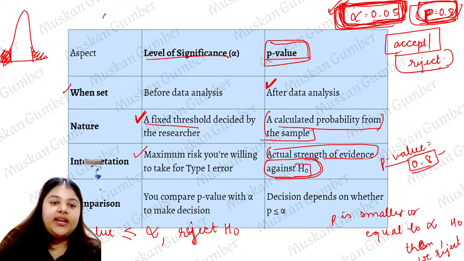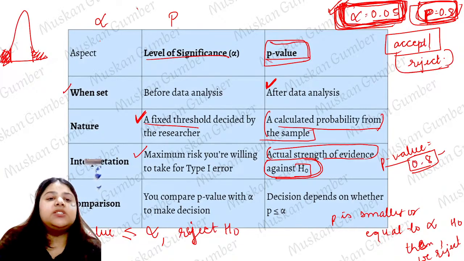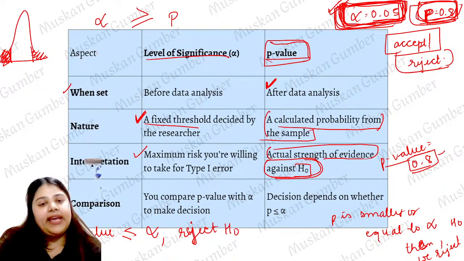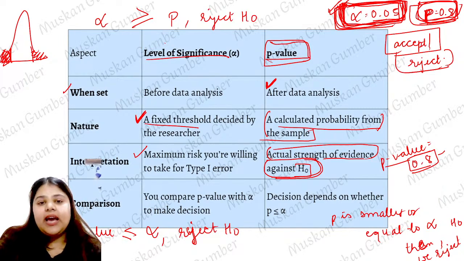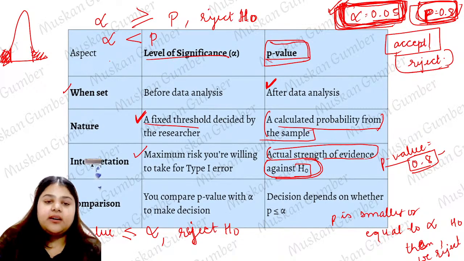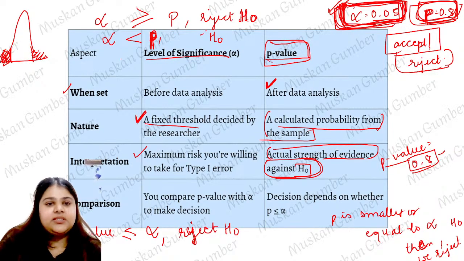When we compare this alpha value with the p-value. If the p-value is smaller than or equal to my alpha value, then I will reject my null hypothesis. If my p-value is bigger than my alpha value, then I will retain the null hypothesis. Accept is the wrong word. We will retain the null hypothesis.